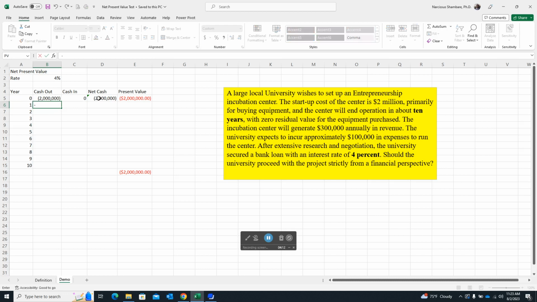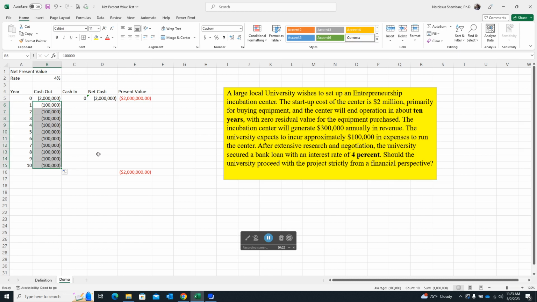We know it's 100,000, so it's going to be negative 100,000, money that's going out every year. And we are expecting 300,000 in revenue.